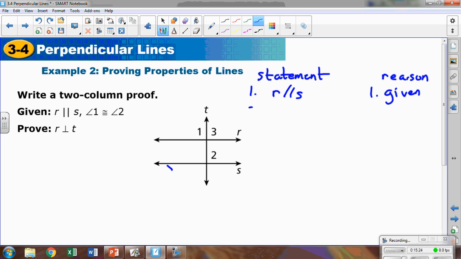We're given R is parallel to S. And so what does that parallel give us? Having parallels tells us that corresponding angles are congruent. You'll remember that's called the corresponding angles postulate. Well, our corresponding angles were 2 and 3, so we'll say angle 2 is congruent to angle 3.